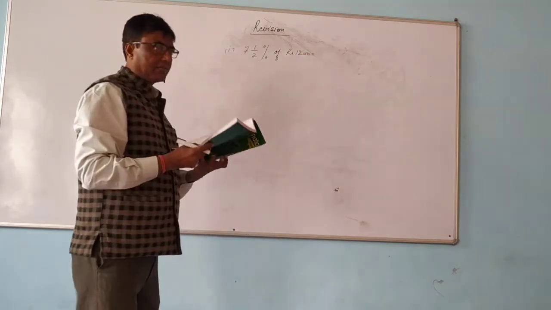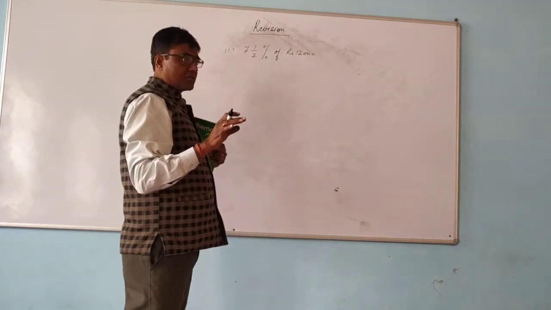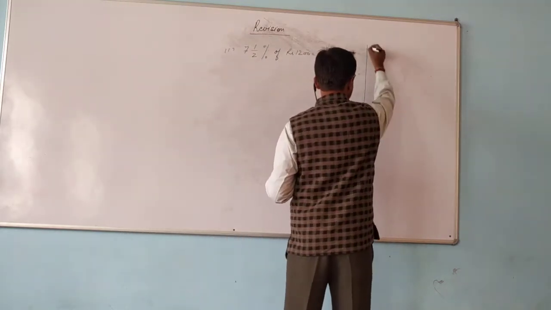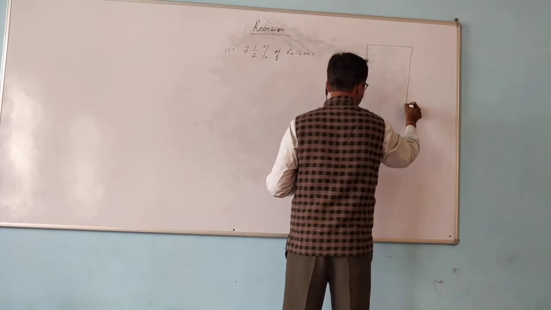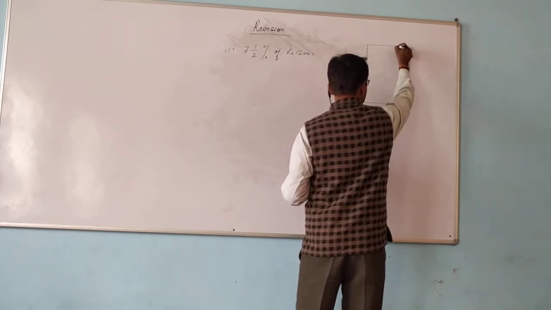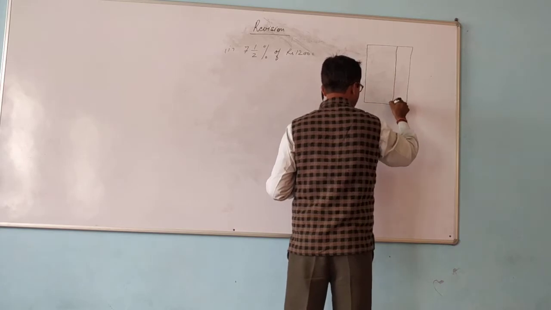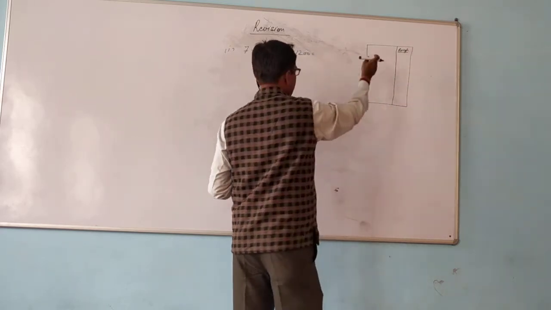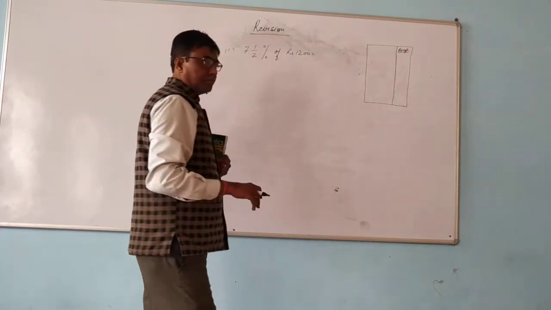Be very careful. In maths, if this is your paper size, then at least 1.5 or 2 inches of a rough column is to be made. Now this I will solve on the rough page.